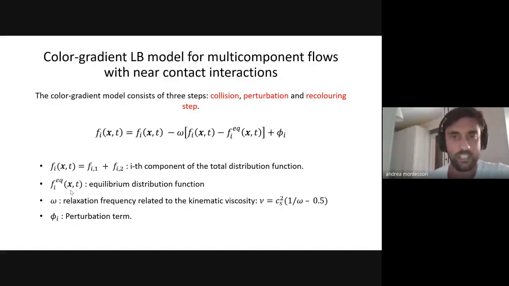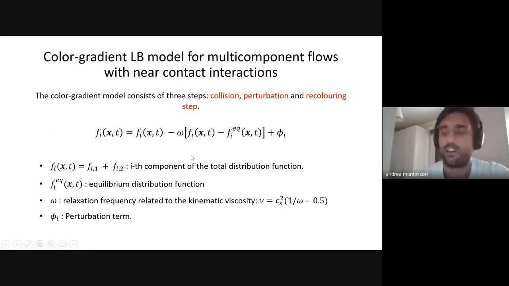I will not enter into details. Anyway, here you can see that the color gradient lattice Boltzmann consists of 3 steps. The first one is a very basic collision step, which I code as a single relaxation time, as you can see here.